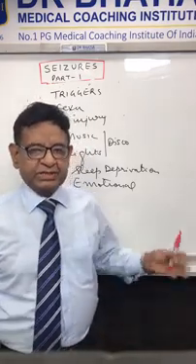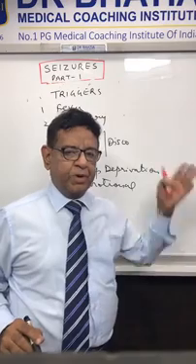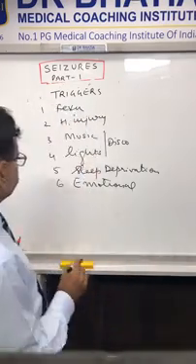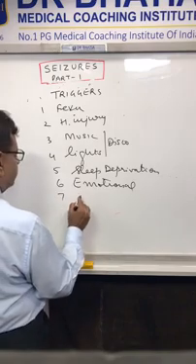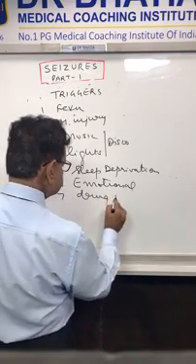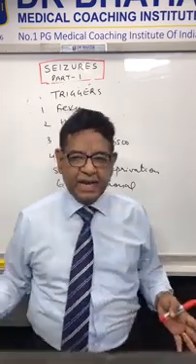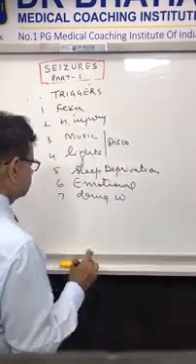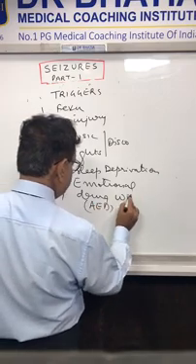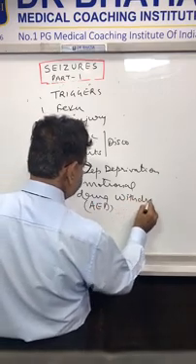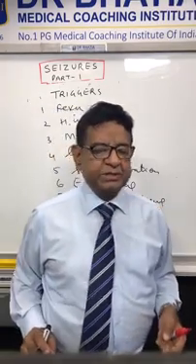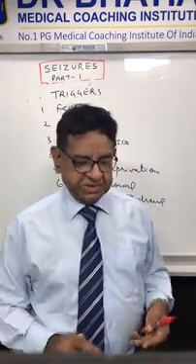Of course a huge list is there, but these are the important factors which can trigger seizures. Of course drug withdrawal is one more thing we can add. Drug withdrawal means anti-epileptic drug withdrawal, which is one of the important precipitating factors for seizures.